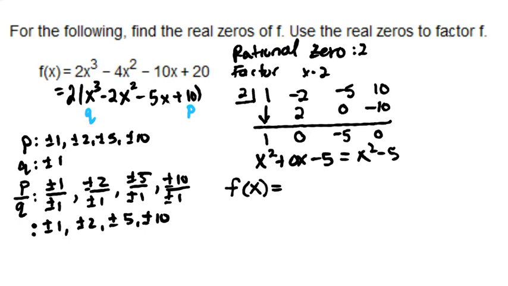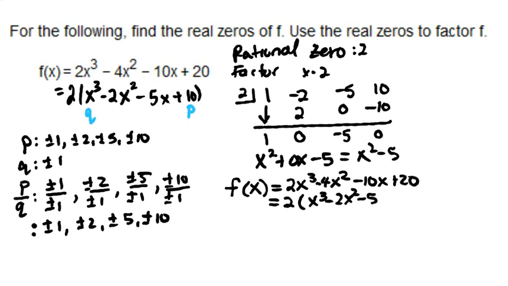So remember we had the original polynomial, 2x cubed minus 4x squared minus 10x plus 20. We factored out a 2 to get 2 times x cubed minus 2x squared minus 5x plus 10.